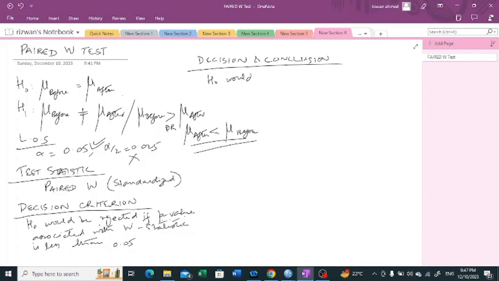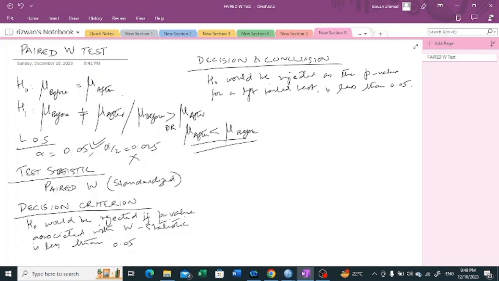So we can say that H naught would be rejected as the significance level, or the p-value for a left tail test, is less than 0.05.